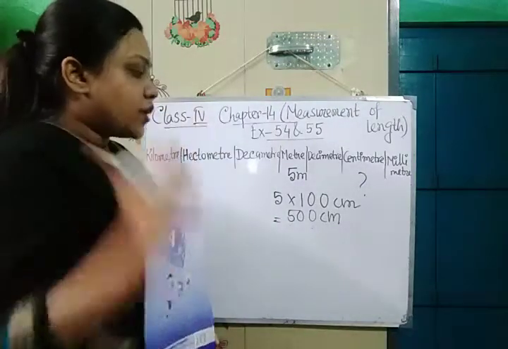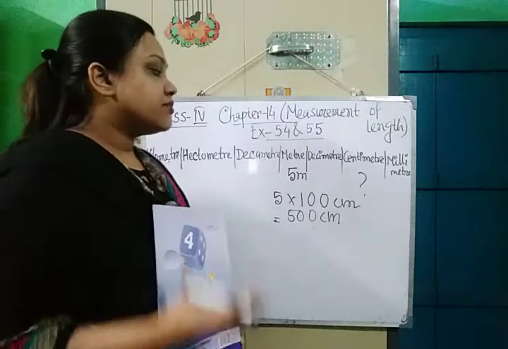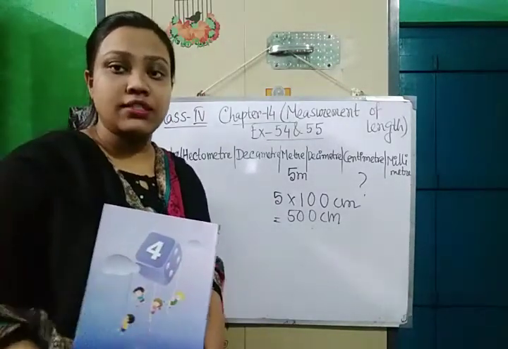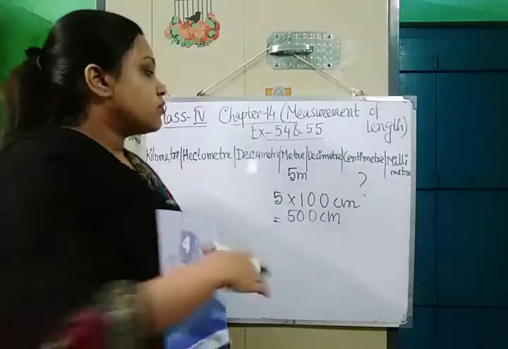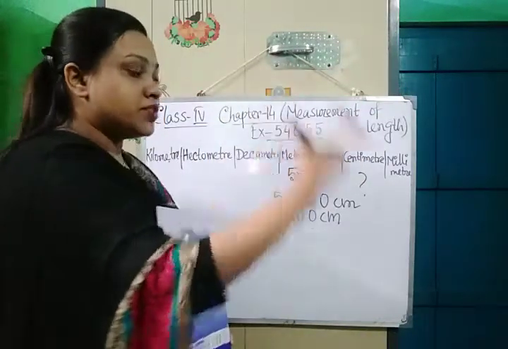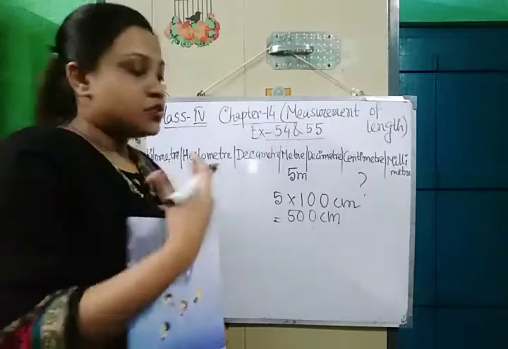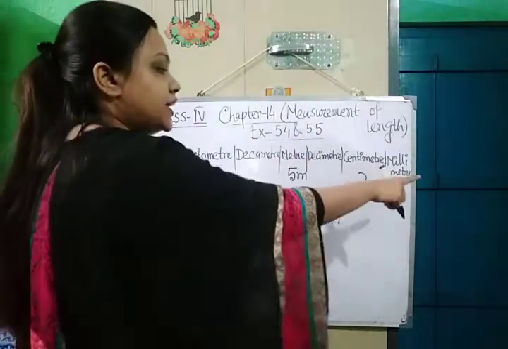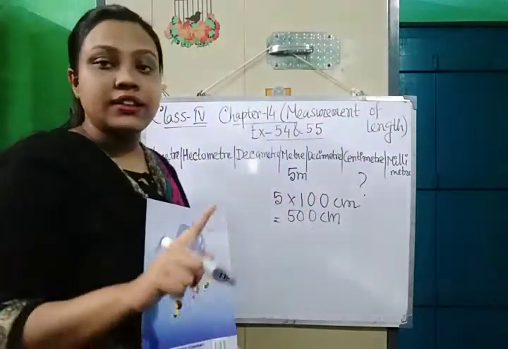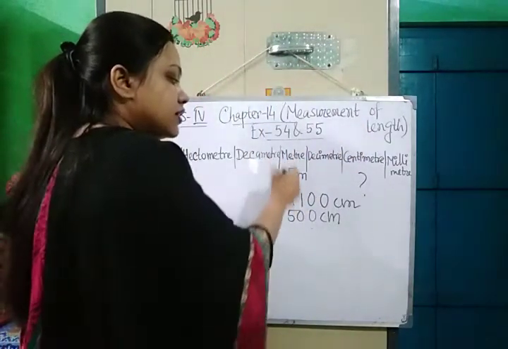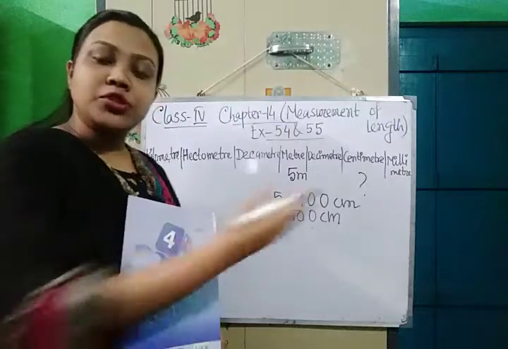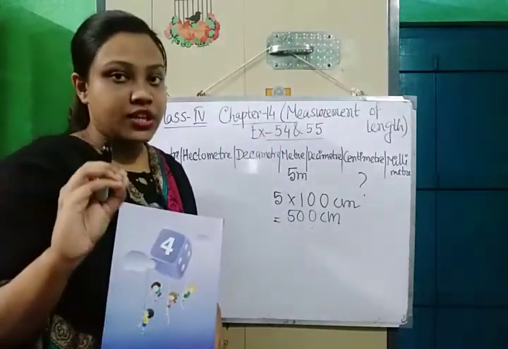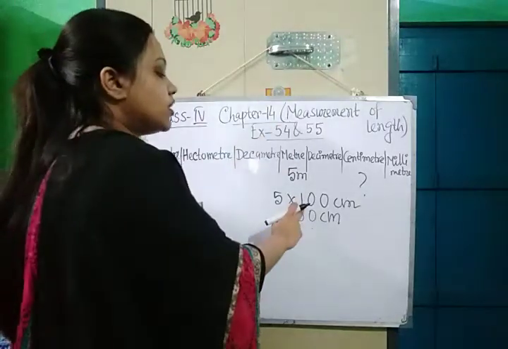So what I have said, that in the conversion of the units of length, first we will see in which side we have to move, to the left or to the right. Okay. If we move to the right, we have to multiply with the given number. If we move to the left, we have to divide the given number. By which number? First we will write a 1.